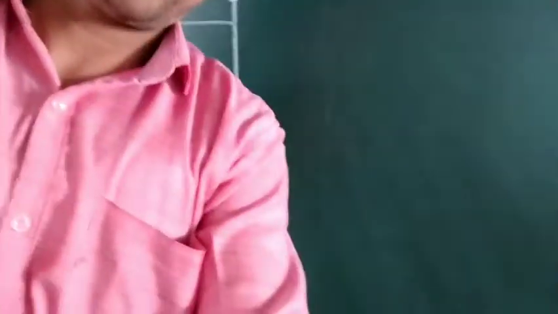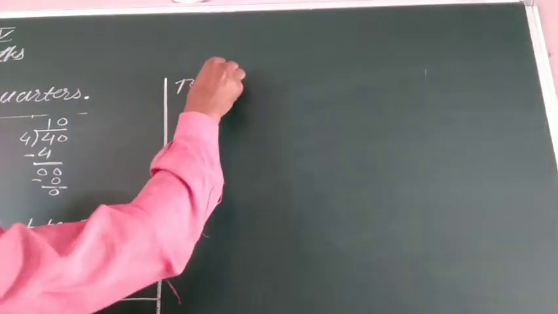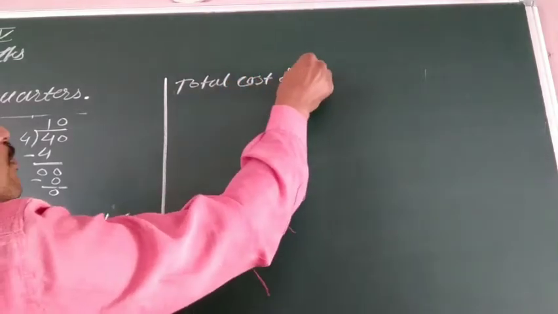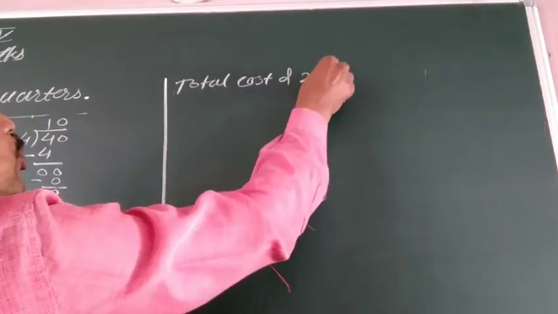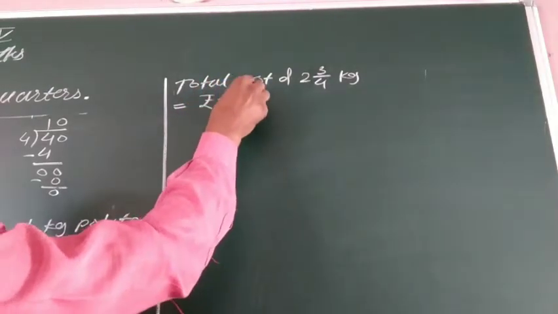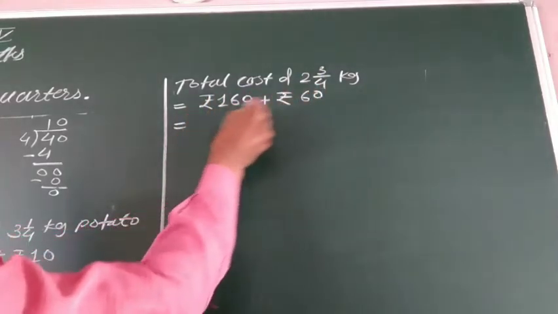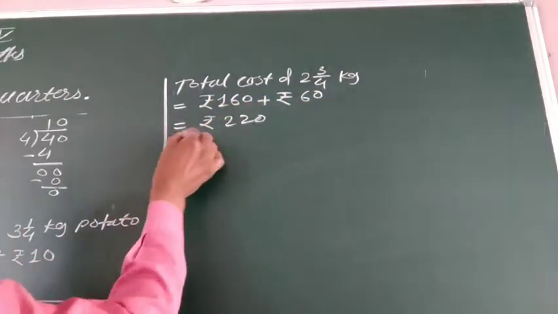Now total cost of 2 and 3/4 kg is equal to rupees 160 plus rupees 60, and when you add this number it is equal to beta 220.